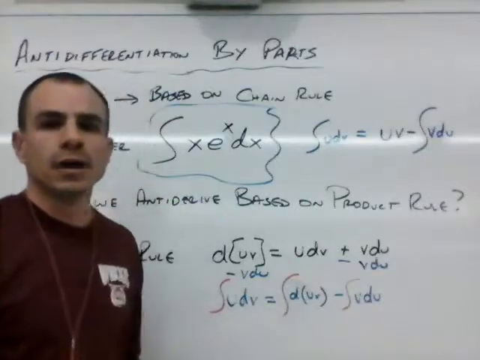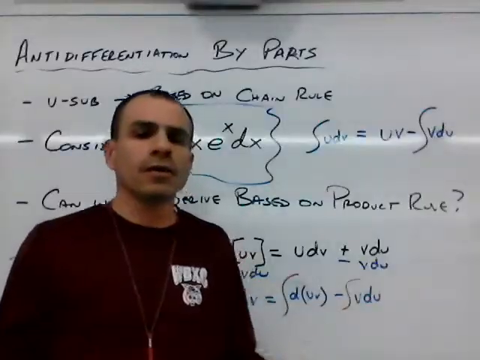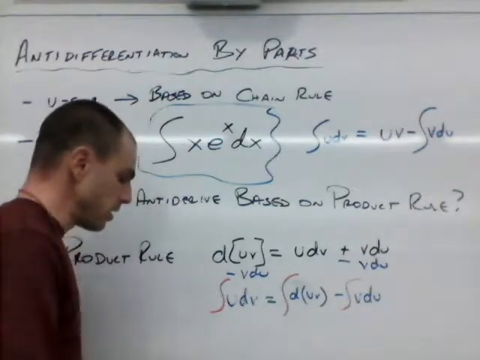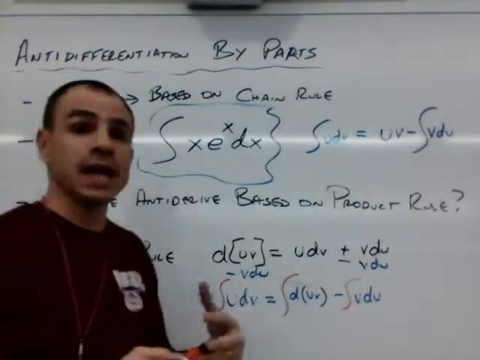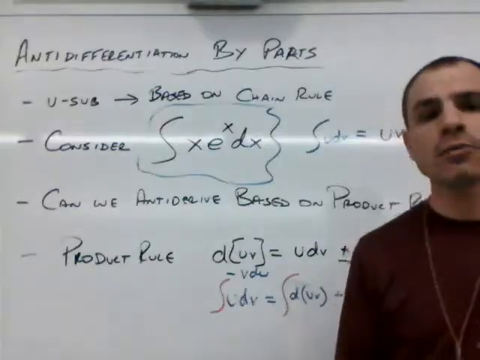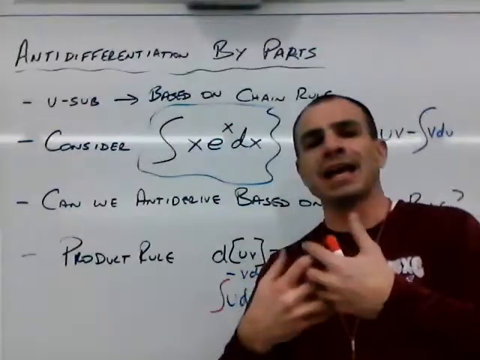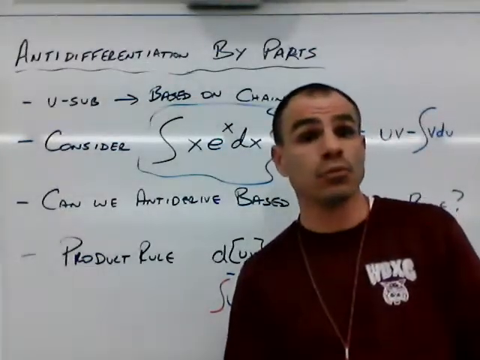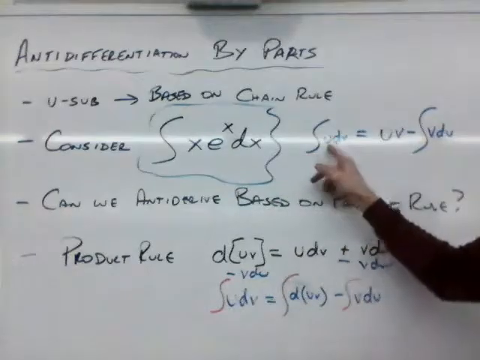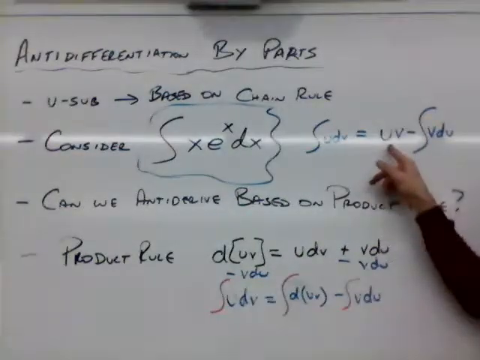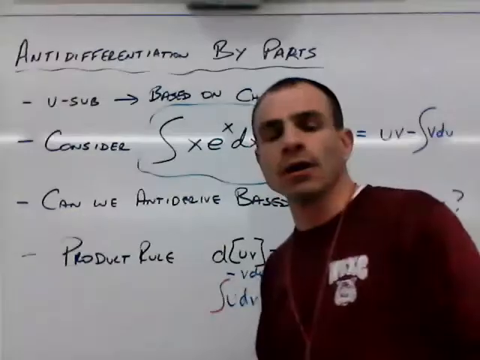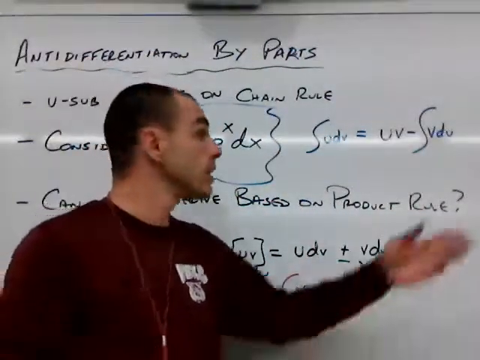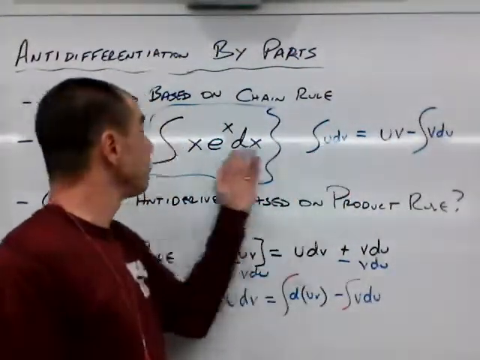So part of you is saying, okay, great, what does all this mean? Well, it means that we can take an expression like this one right here where we can't use u substitution, and we can do an antiderivative based on the product rule, where our antiderivative will actually be another expression which involves subtraction and a second antiderivative, because this is matching with that.